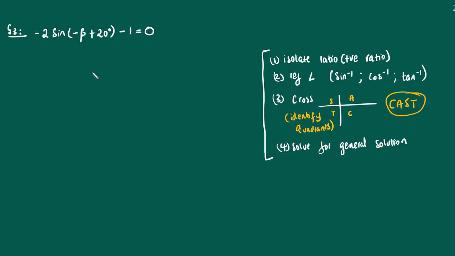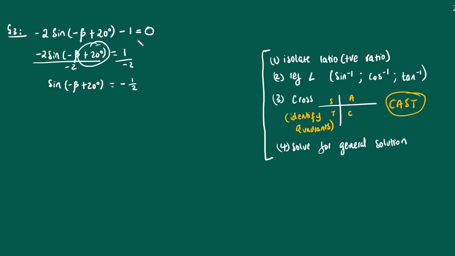So let's say you had something like this, right? It does look a bit ugly, but the main goal is to make sure that you isolate the ratio. So you leave this as it is on the left hand side. So you're going to have negative 2 sine negative beta plus 20 degrees being equal to 1. Then remember, you divide by negative 2 both sides, so that you have sine negative beta plus 20 degrees being equal to negative half. And now that you have this, you have isolated the ratio.